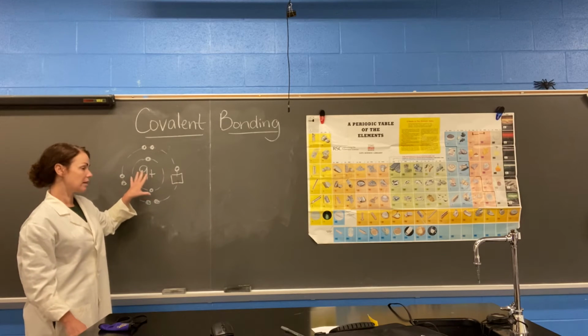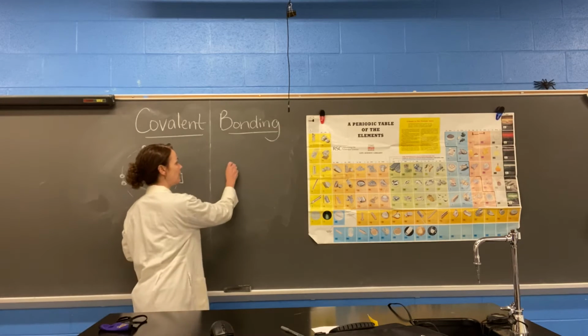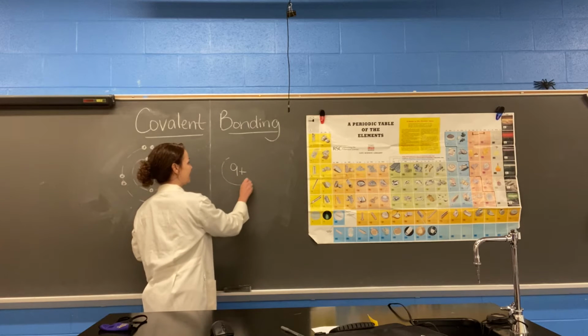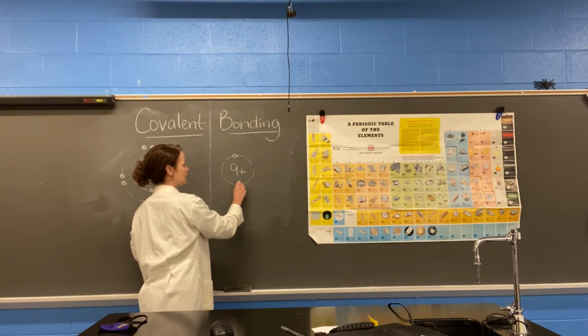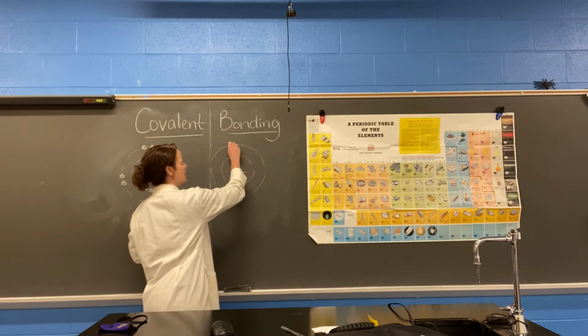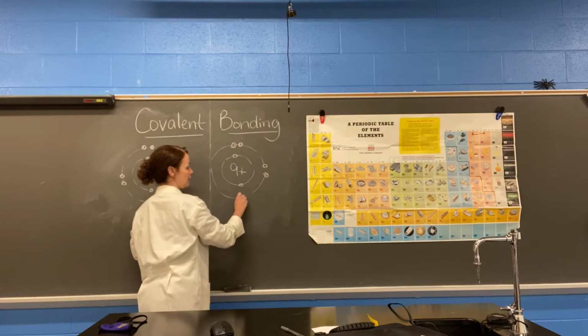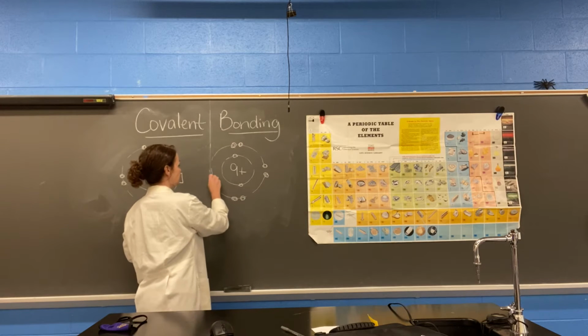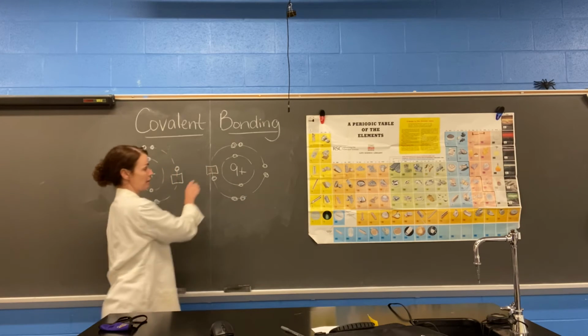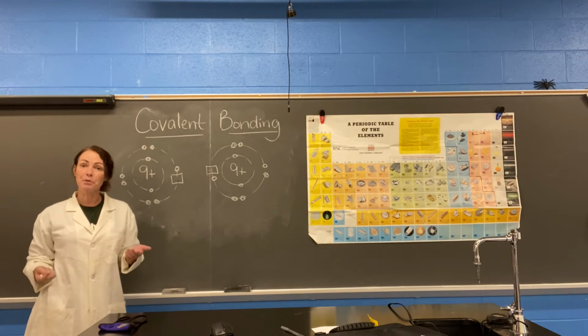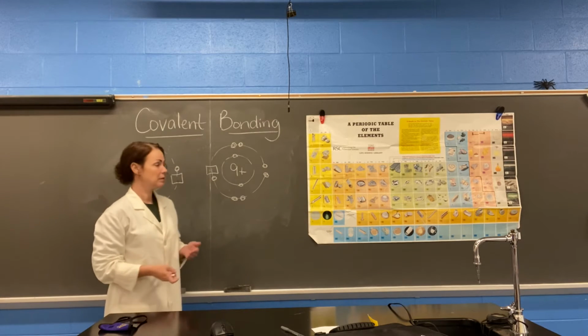Now we're going to take this and duplicate it. We're going to draw another fluorine atom with its 2 electrons in the first energy level and 7 valence electrons, or electrons on the outside energy level. And it also has that one blank space where there could be an electron, but there isn't.